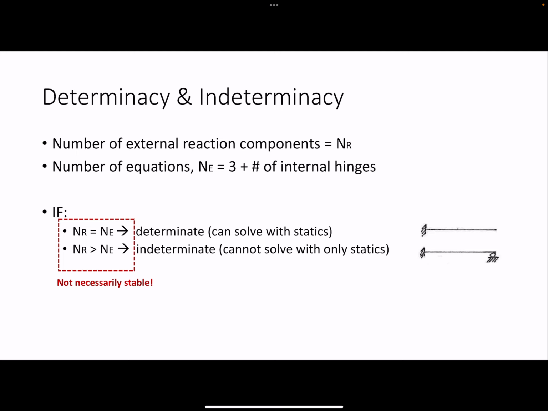But in general, these equations being satisfied does not mean stability is satisfied, so you have to check that separately. However, if your structure is neither determinate nor indeterminate, in other words, if you have fewer reactions than equations, then you can conclude that your structure is definitely unstable, and you don't have to analyze it because we don't want unstable structures in this class.